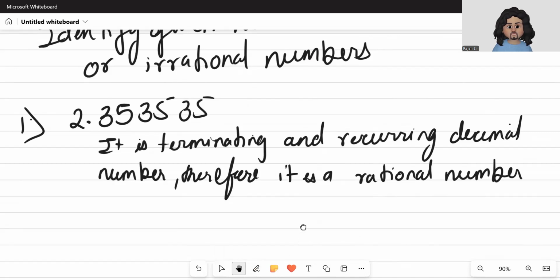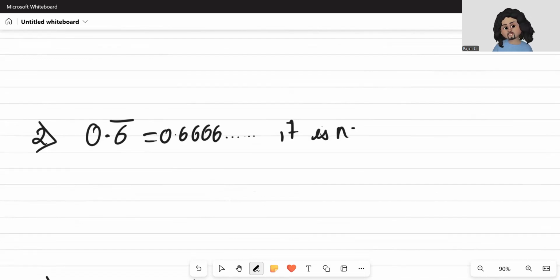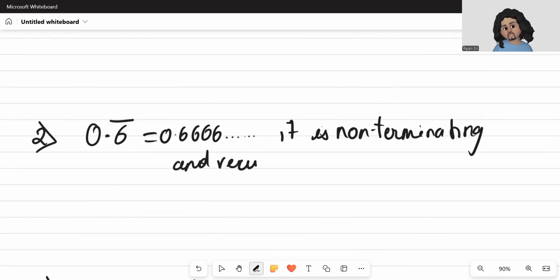So let's go to the next one. 0.6 bar. This can be written as 0.6666 and dot dot dot. It is non-terminating, obviously. It is not ending, but it is recurring number, since the 6 is repeating.